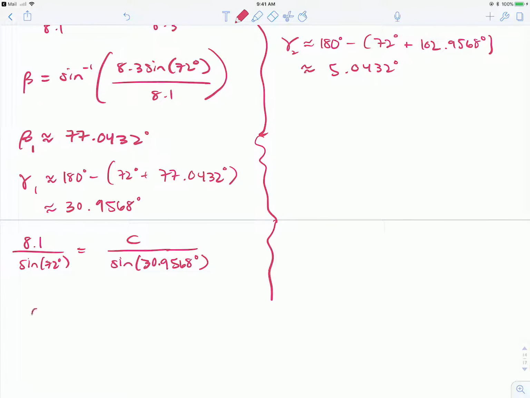Okay, so C, I'm going to flip this, will be 8.1 times sine of 30.9568 degrees over sine of 72 degrees. So C is approximately, or this is C sub 1, right?